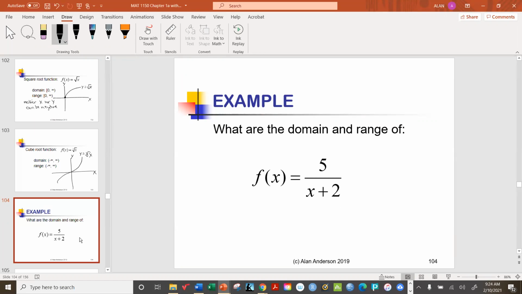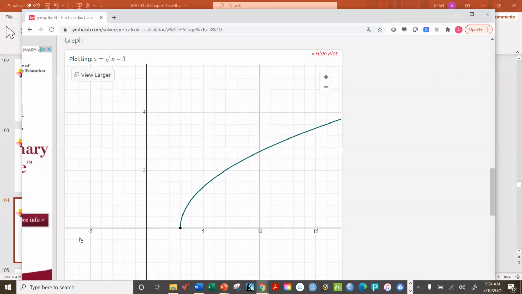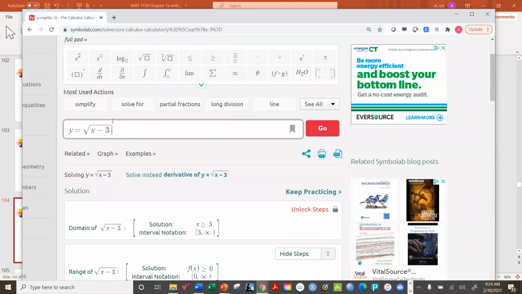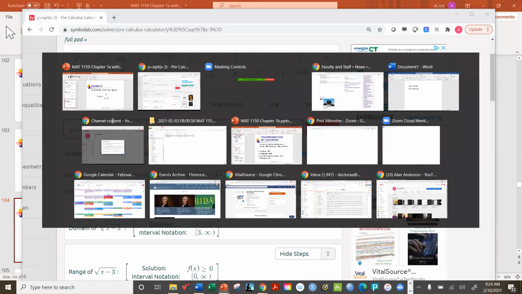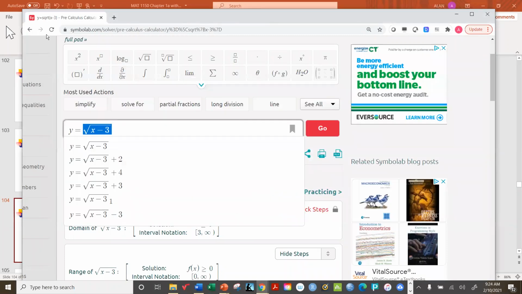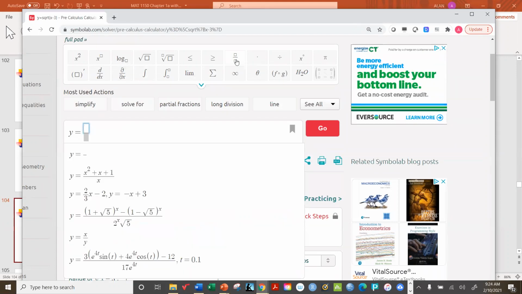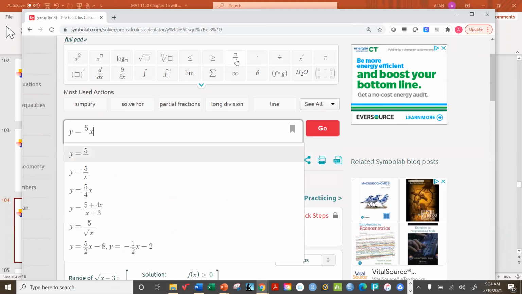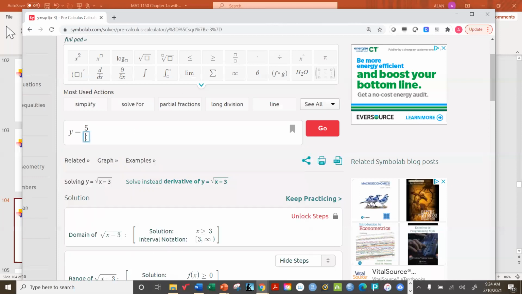Well, first, let's go back to Symbolab and see what it looks like. Let's see, I need a ratio. 5 over x, whoops, x plus 2.